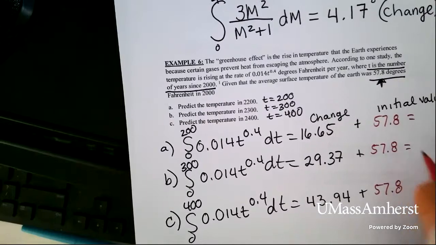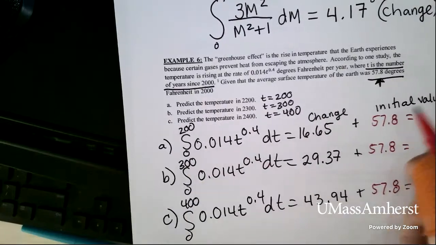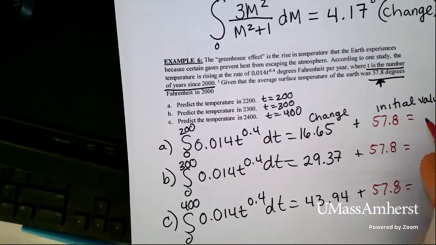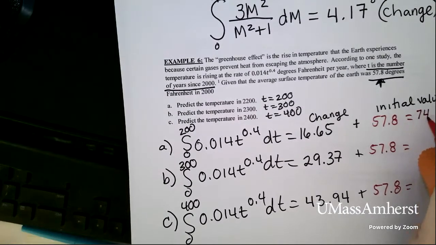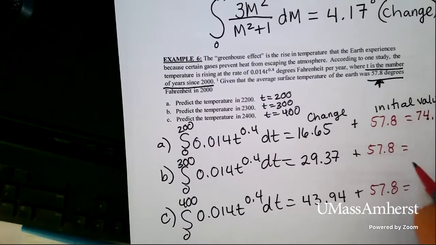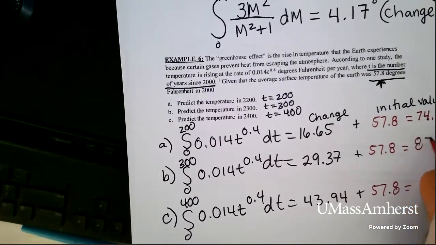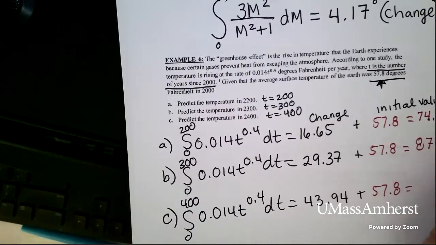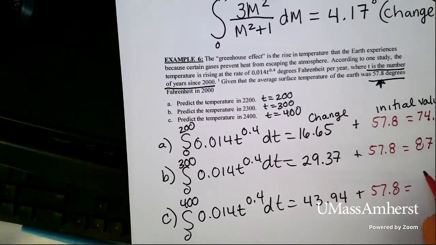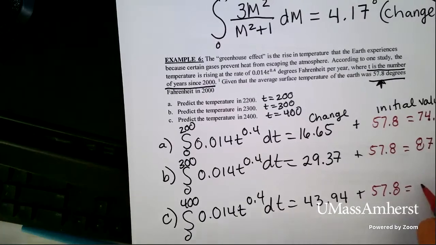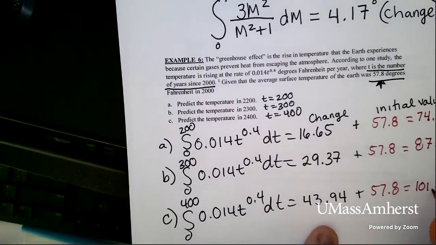And so our prediction for 2200 is going to be an average surface temperature of 74.45. In 2300, it'll give us a prediction of 87.17. And then in 2400, the average surface temperature will be 101.74.